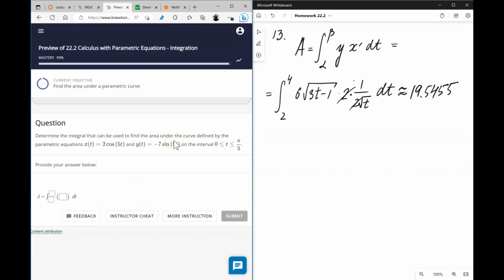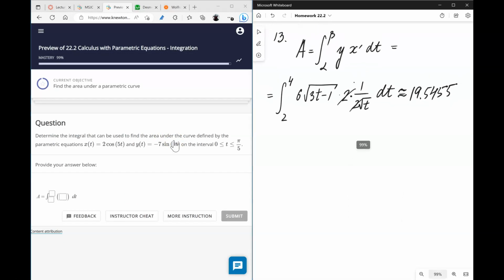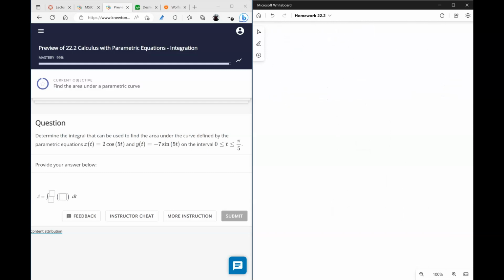One more. We're doing area under the curve.